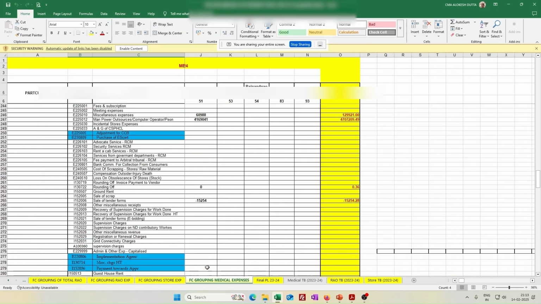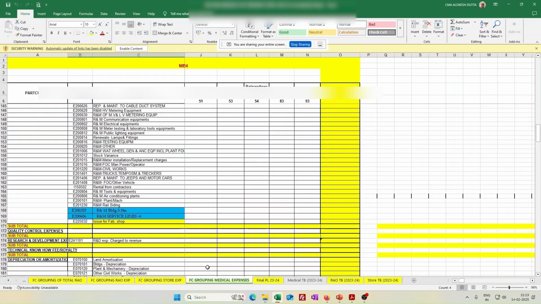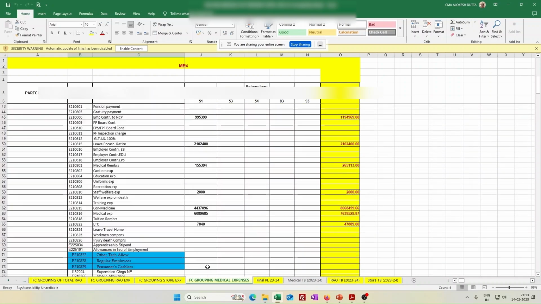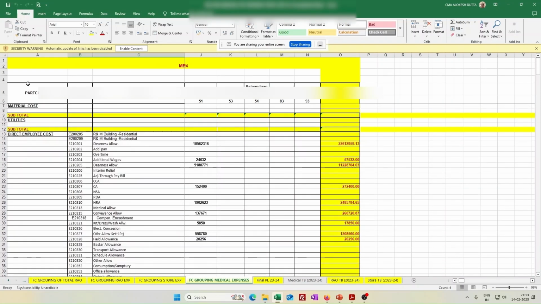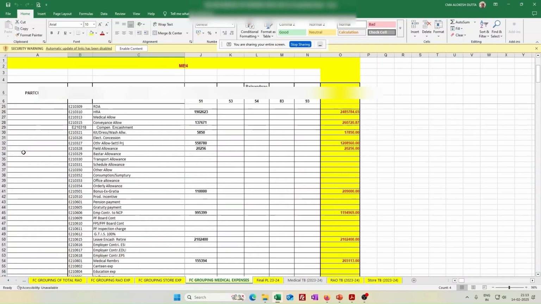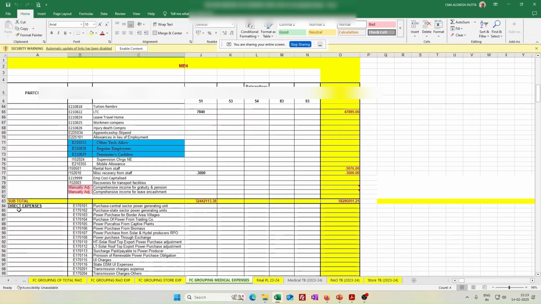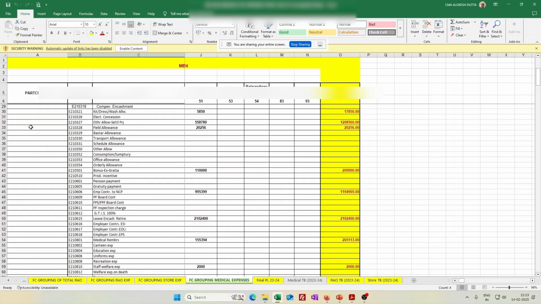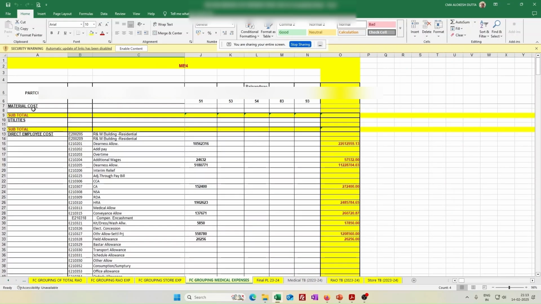Now if you see any trial balance, you will see that this element has been prepared: material cost, utility, direct employee cost, direct expenses cost. This statement is exactly as per average cost statement, and the financial SAP code has been kept here as per the cost accounting policy CRA 1 and cost accounting standard.